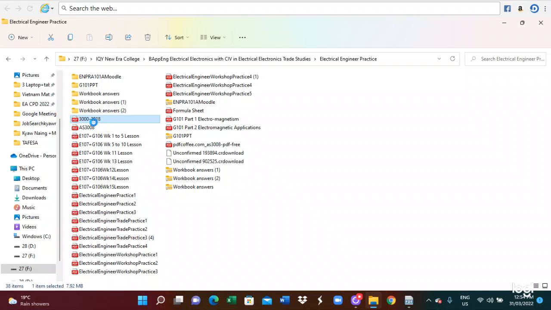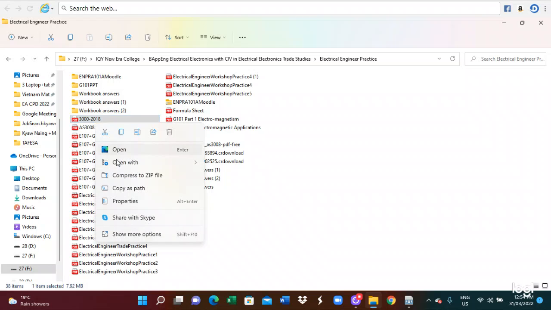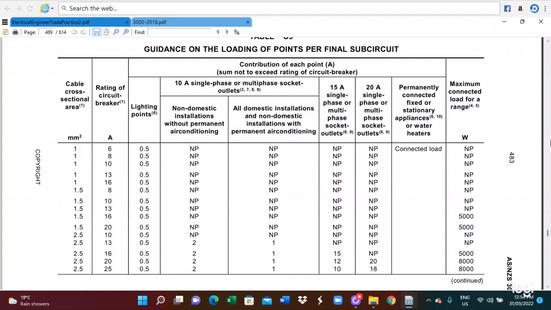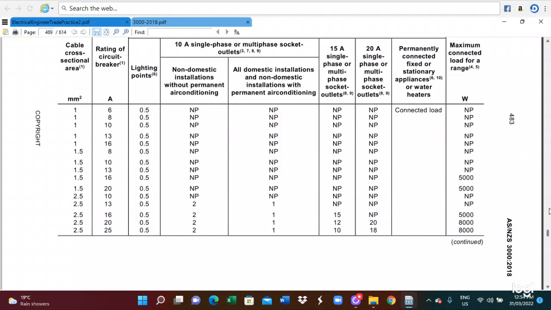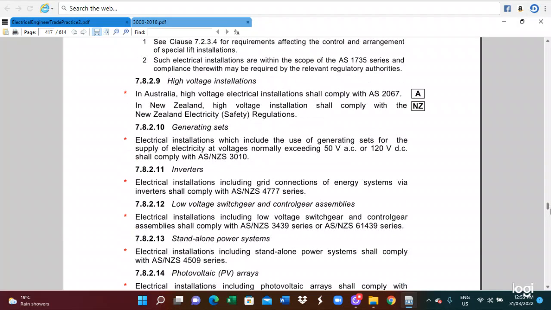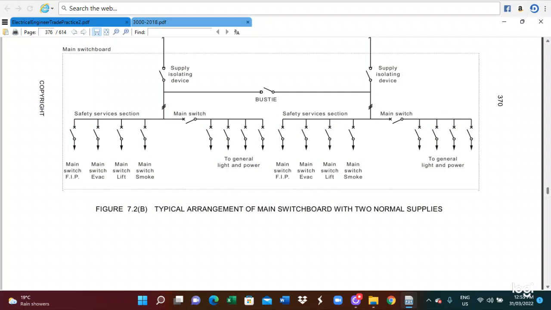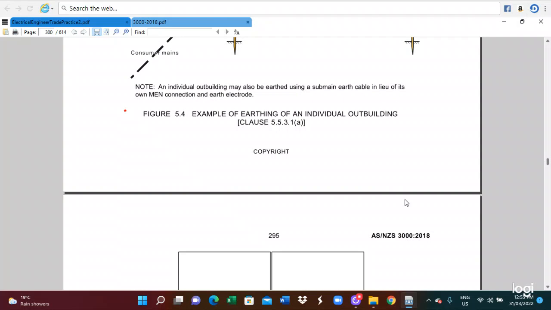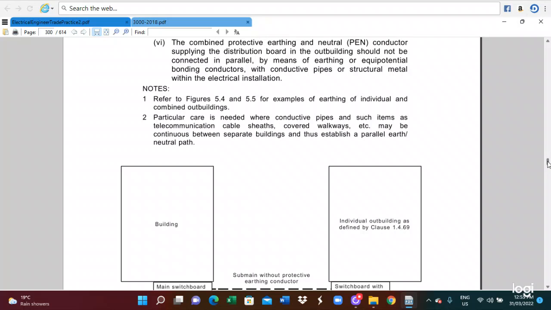Now I will show you AS/NZS 3000 table 5.1. Table 5.1 is about selecting the earthing conductor size. Depending on the active conductor current, we select the earthing conductor size, which is the relationship between the active conductor and the earthing conductor size.